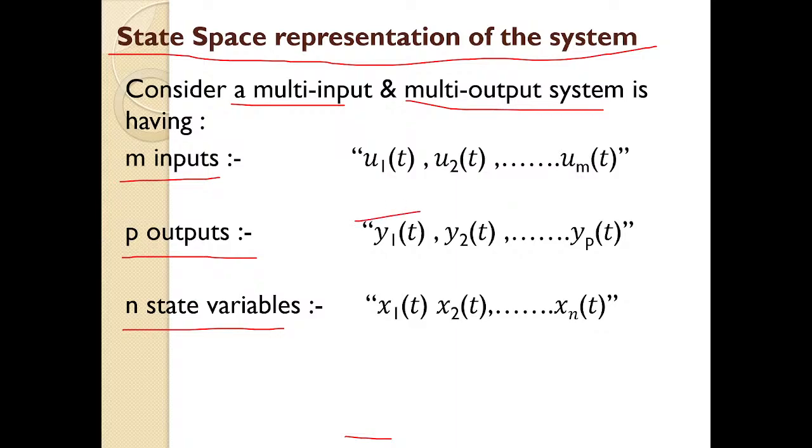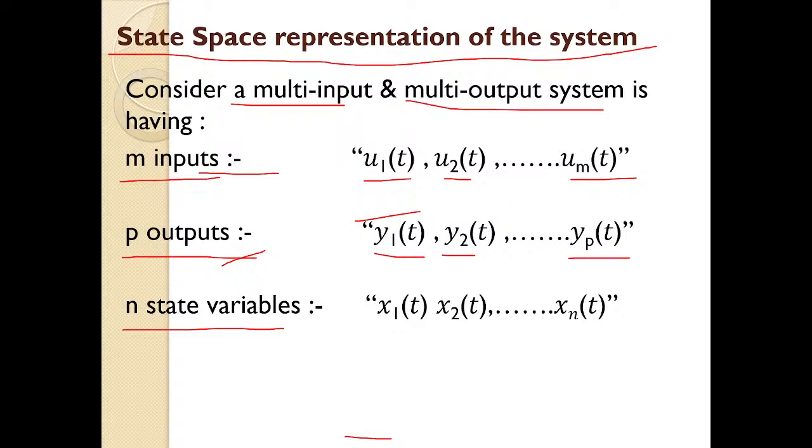So there are m inputs, p outputs, and n state variables. If there are m inputs, let us assume our input notation is u. So u1 of t, u2 of t, u3 of t up to um of t are our inputs. If there are p outputs, let us assume our notation for output is y: y1 of t, y2 of t, y3 of t up to yp of t.